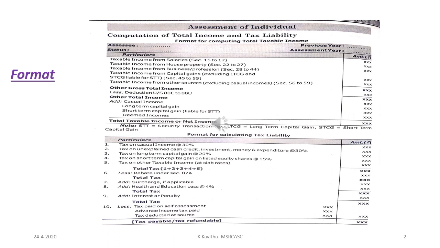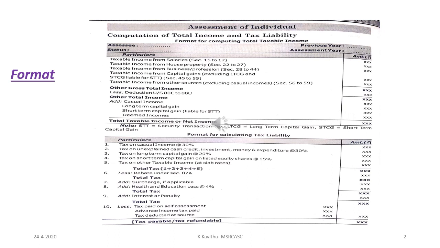As we have already understood, there are 5 heads of incomes. 2 heads we have learned in the 5th semester BCom level, and the remaining 3 heads we have learned during this semester. So we have to take income from salary, income from house property, taxable income from business and profession, taxable income from capital gains.